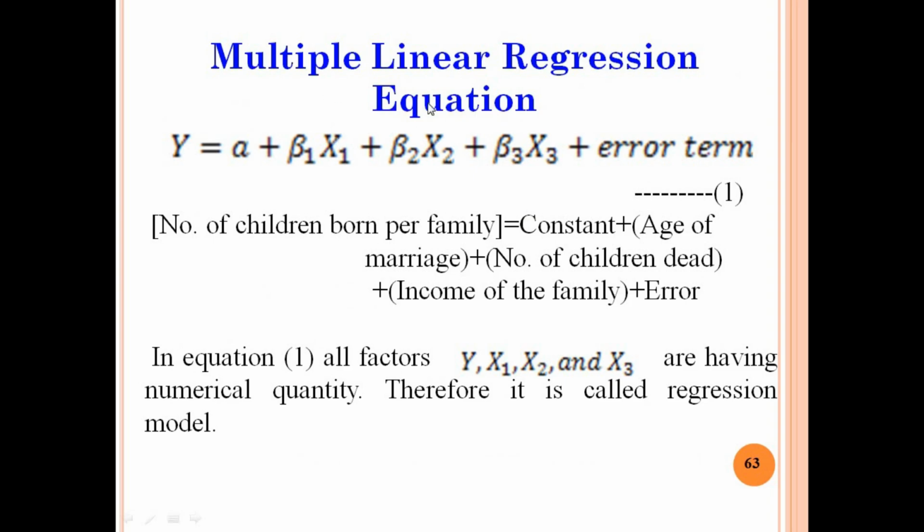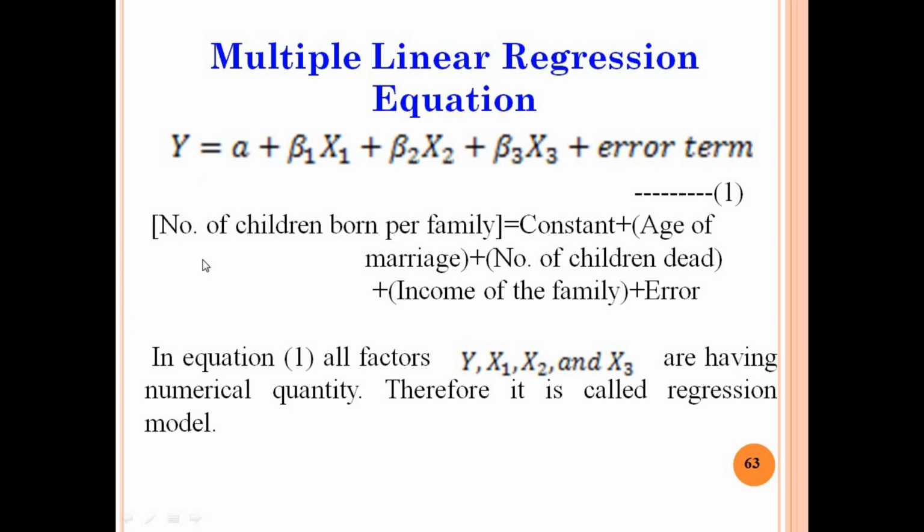And now the multiple linear regression equation, you see: y equal to a plus beta 1 x1 plus beta 2 x2 plus beta 3 x3 plus error term. I have given this equation number 1. What does it mean?